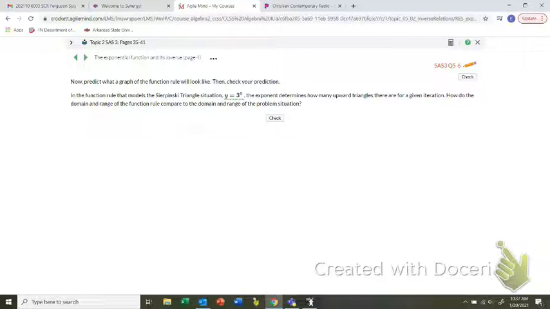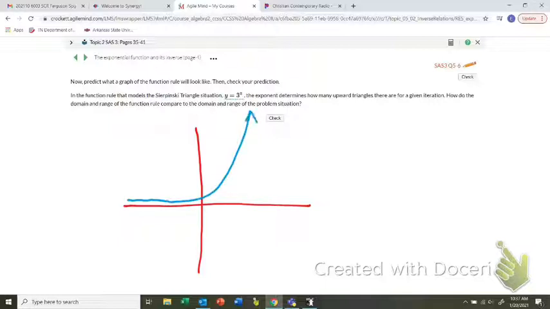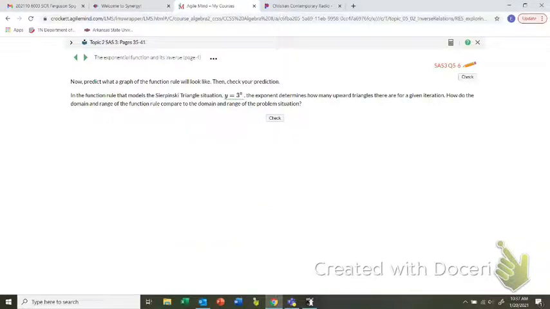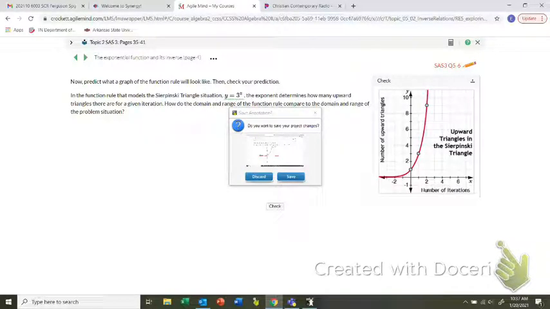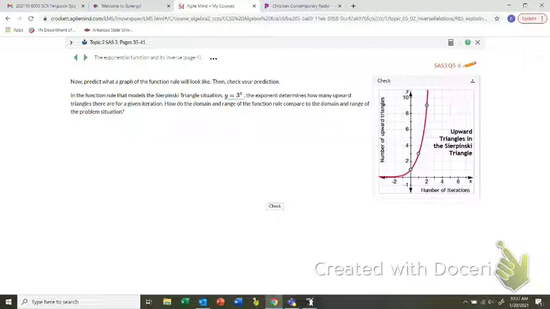So knowing that it is an exponential function, we know an exponential function looks similar to a Nike sign. So I'm going to bet it looks something like this and maybe has a curve like that. So if I hit check, it will show me a similar graph that I have drawn and that you have drawn.